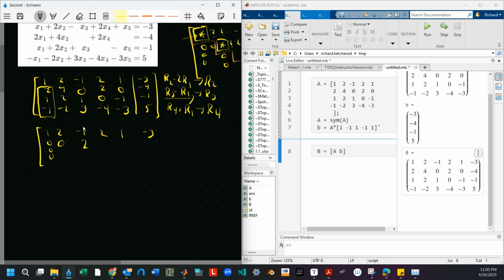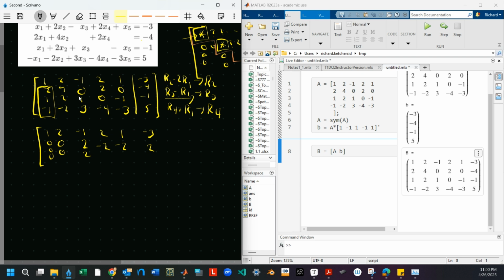This one will become 2. This one will become minus 2. This one will become minus 2. This one will become minus 4 plus 6, so it'll become 2. And then here I'm subtracting 1, so this one will also become 0. Here I'm subtracting 1, so this will become 2.